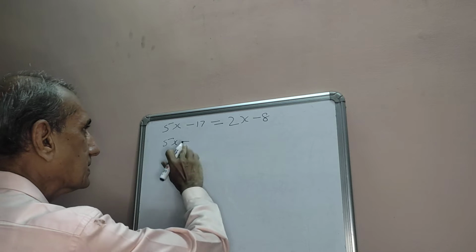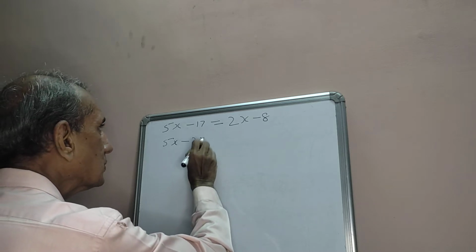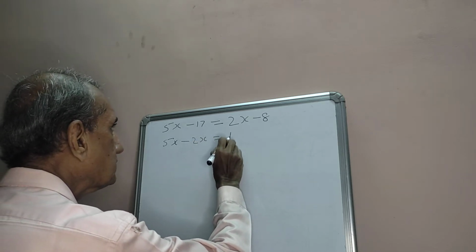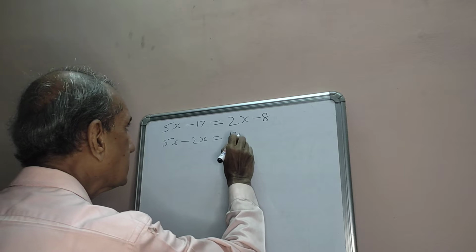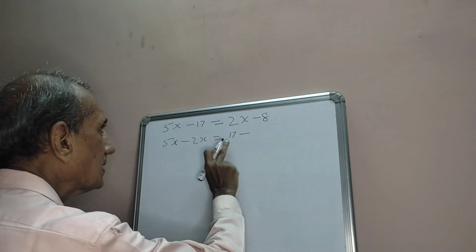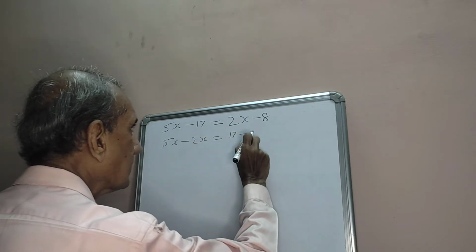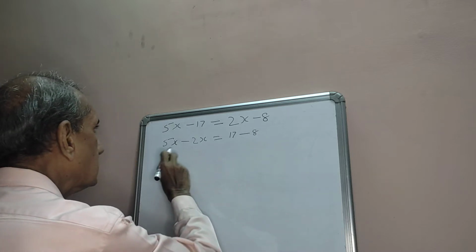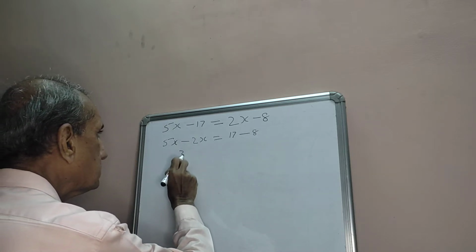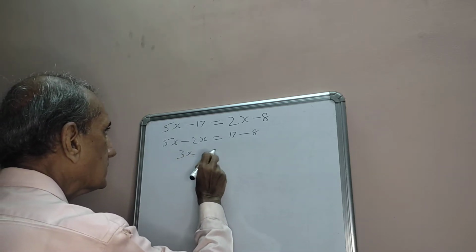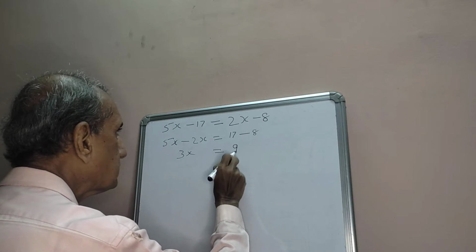Plus becomes minus, so this becomes minus 2x is equal to 17. Minus 17 becomes plus 17. Minus 8 remains as it is. So this would give you what? 3x is equal to 9.